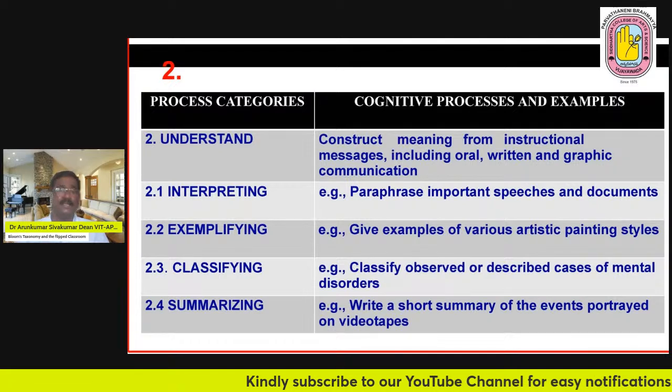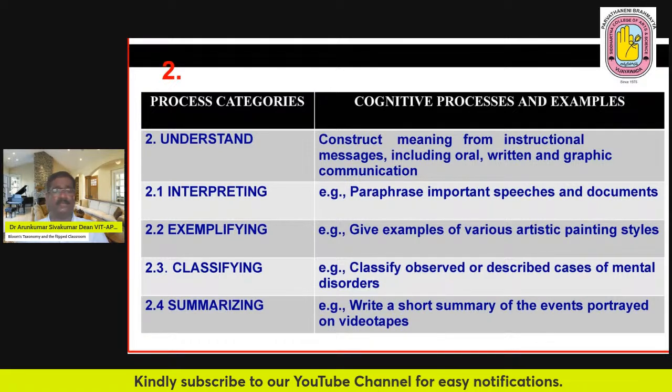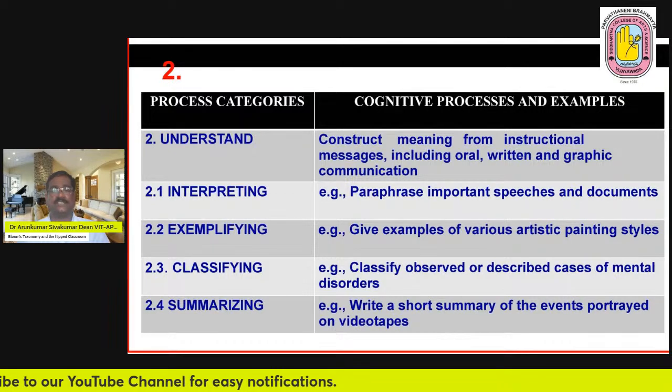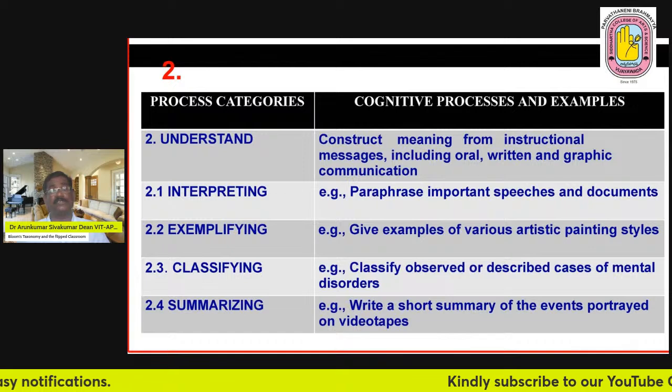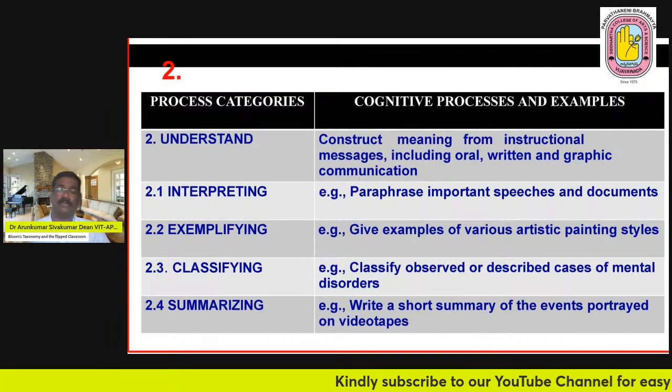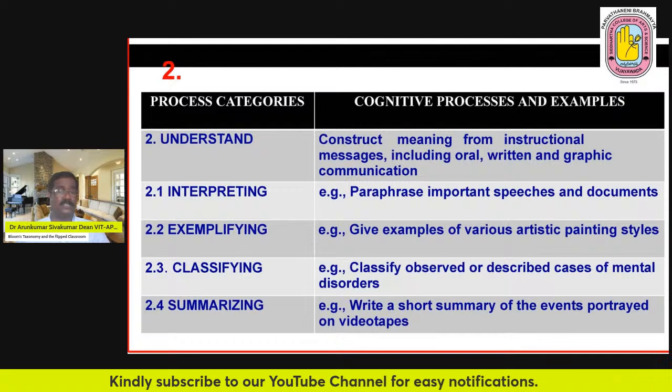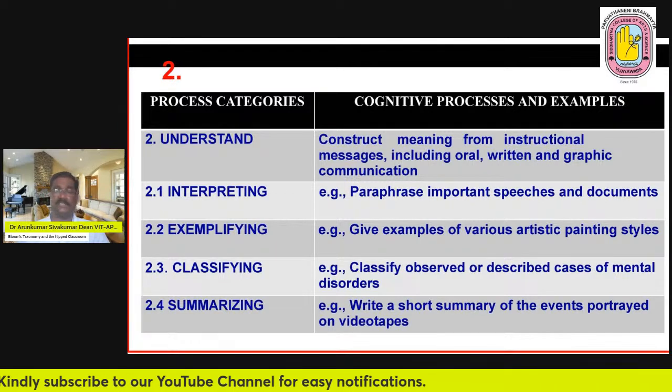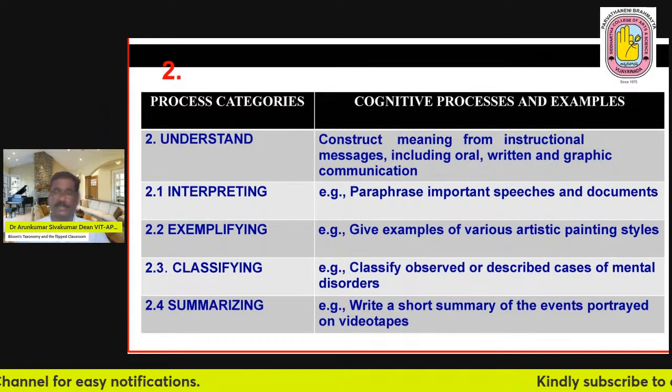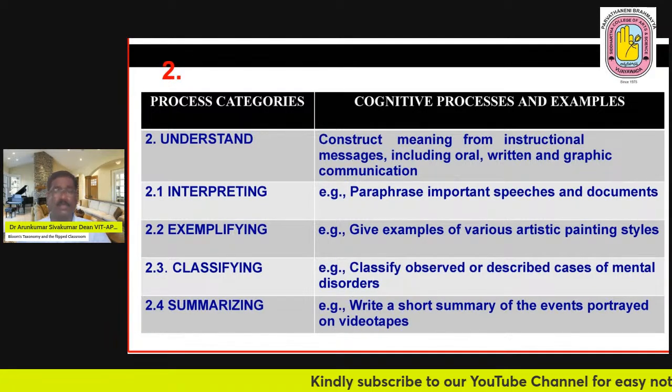The next level, understand: interpreting, exemplifying, classifying, summarizing, constructing meaning from instructional messages, including oral, written, and graphic communication. I have given you some examples here. You can see that each professor, each facilitator has their own context, their own domain. Try to equate this with your related domain and Google it. Do a lot of self-learning, right?